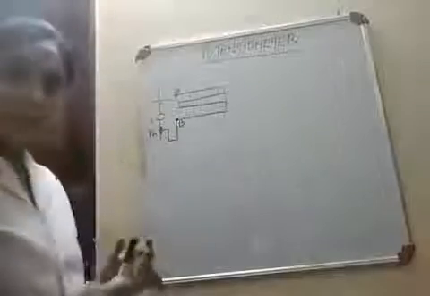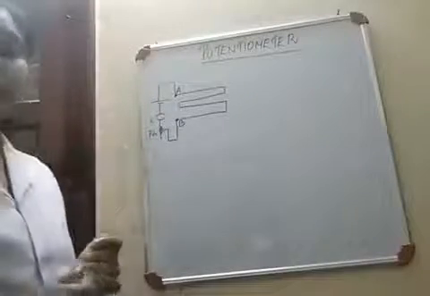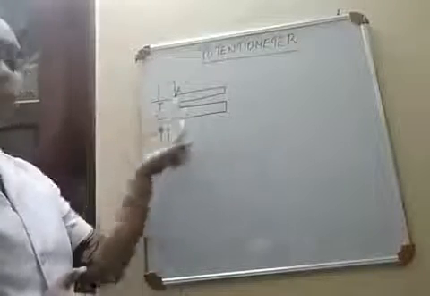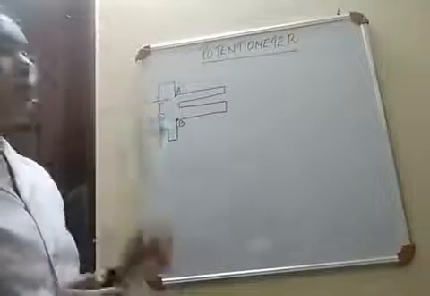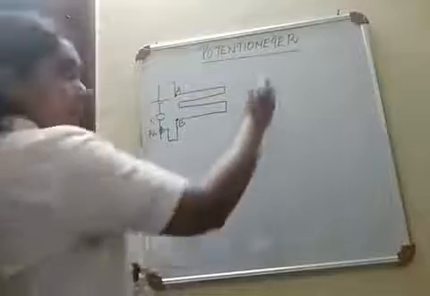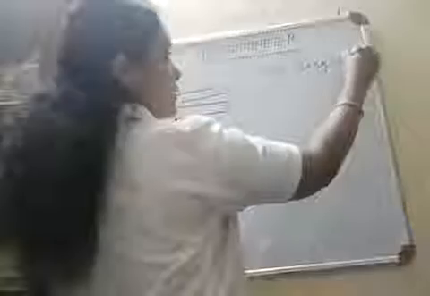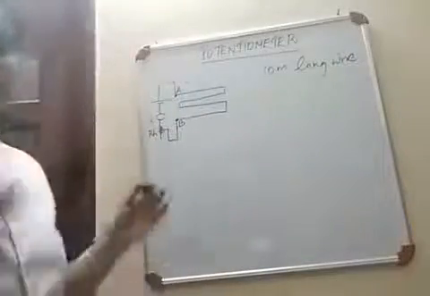As shown in the figure, this potentiometer circuit consists of a long wooden board, and on the wooden board, a 10 meter long wire is fixed. See, it's a very long wire.